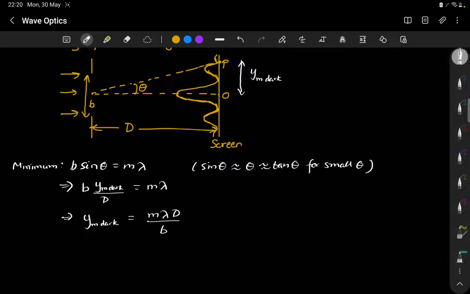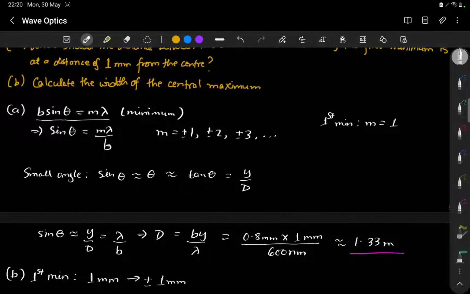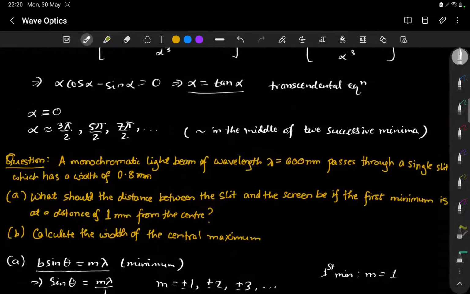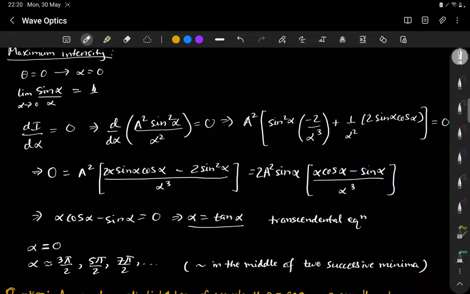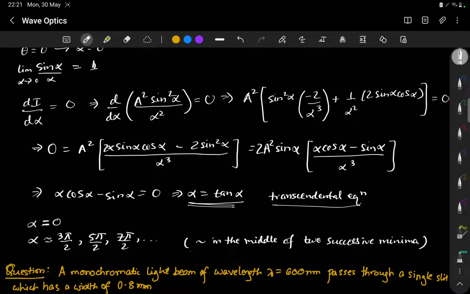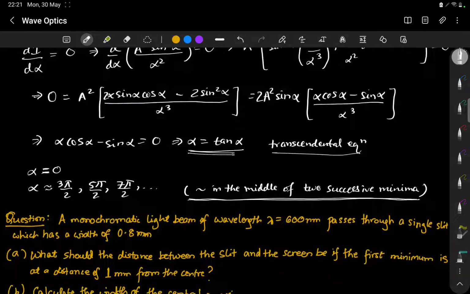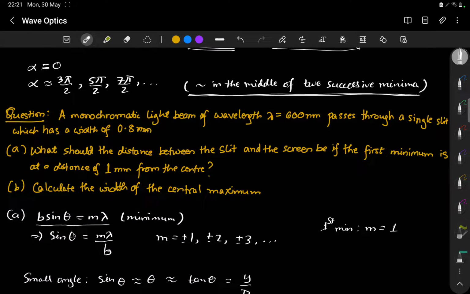Now bright fringe we saw was obtained by solving a certain transcendental equation. So maximum intensity was obtained by solving this transcendental equation, but roughly we can assume under certain approximations that this is roughly in between two successive minima.